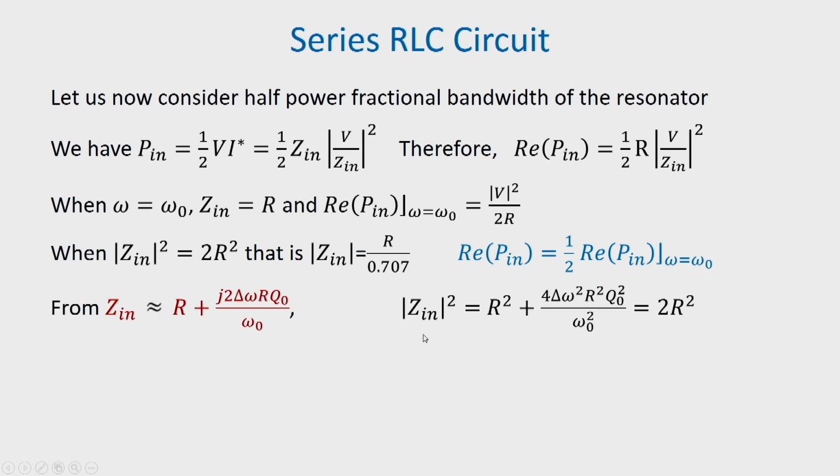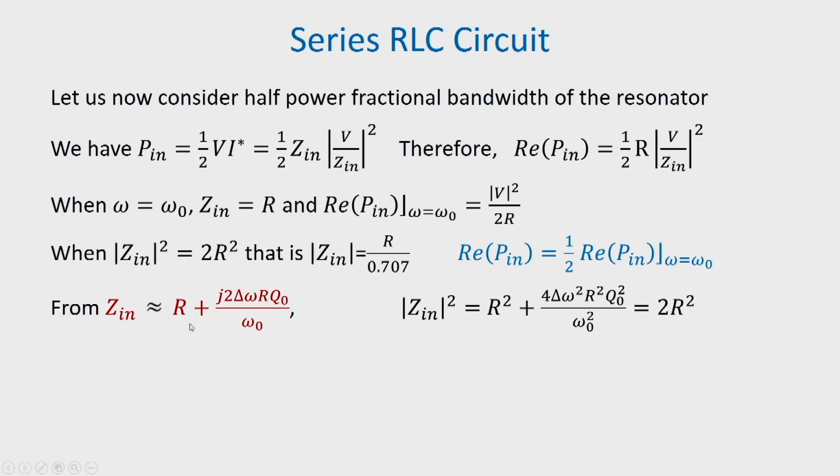So, that is why these frequency points are called half power points, and in the plot shown we see that we have two such points, one below omega naught and one above omega naught.